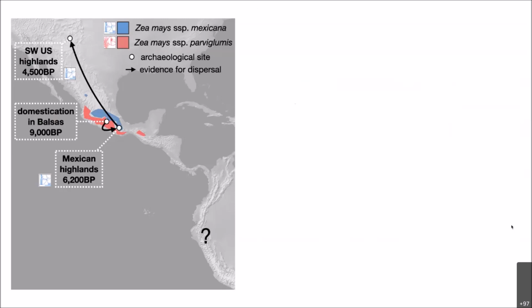And the archaeological data shows really clearly that maize was in the lowlands of Panama 7,500 years ago, well before maize ever made it to the highlands of Central America. So maize was already in Panama before any admixture with teosinte, suggesting, at face value at least, that Mexicana teosinte couldn't have contributed to highland maize in the Andes.